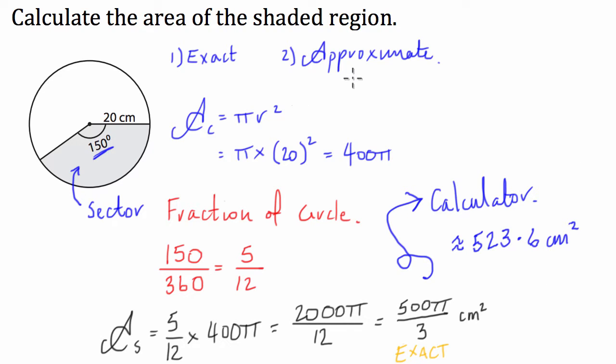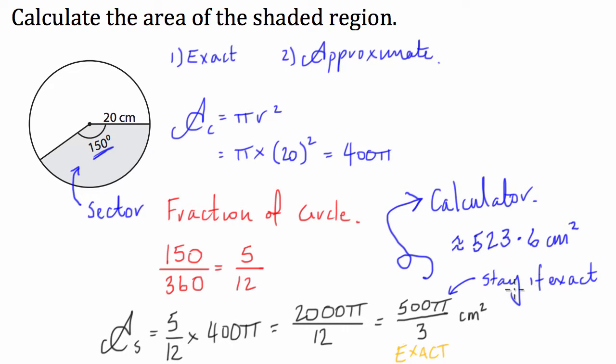So basically, guys, in an exam or a test, if they ask you to do the exact value, you're going to have to give the answer in terms of pi. So this will have to stay if it's exact.